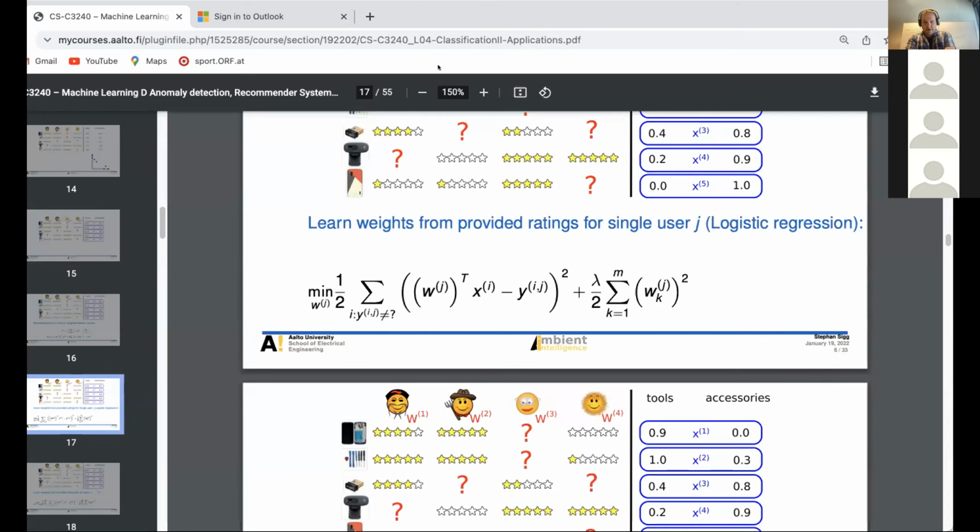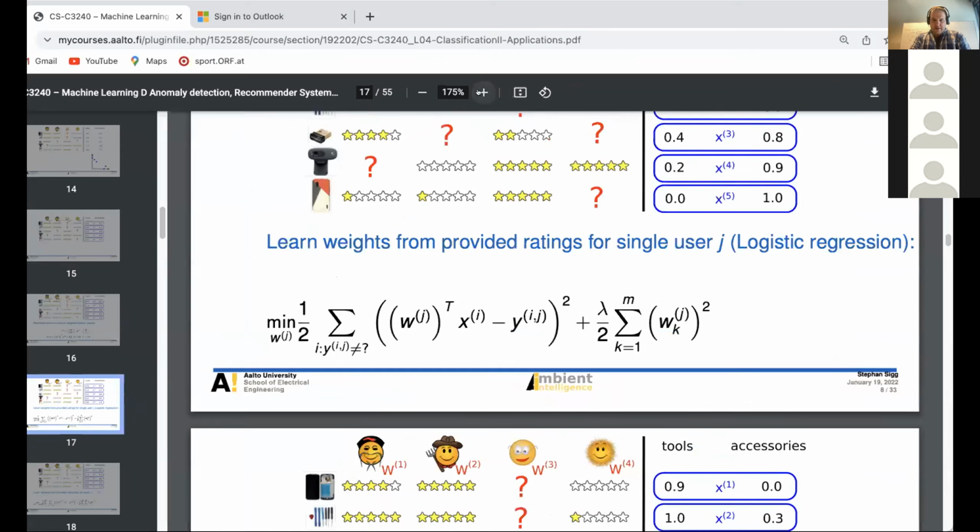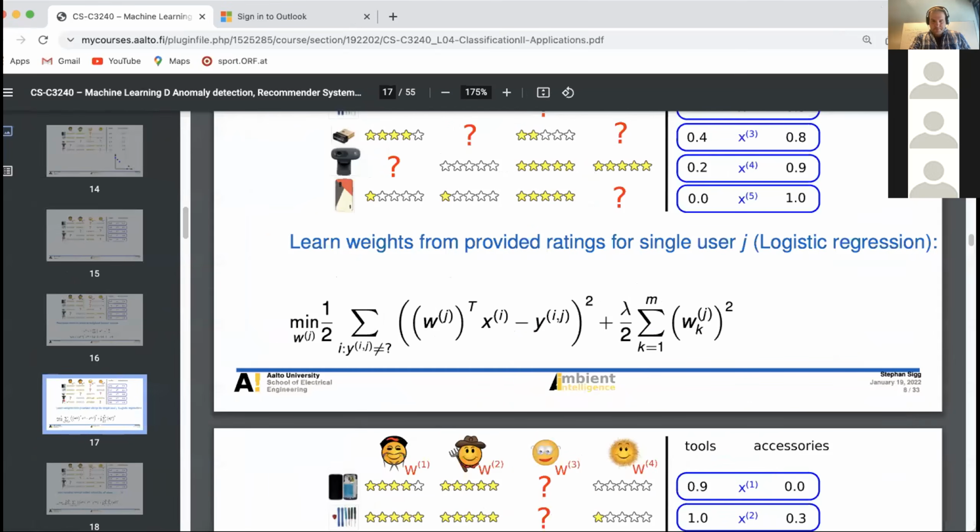Yes, very good. So which part of this somewhat menacing looking expression, which blocks here correspond to the model or the hypothesis? Which symbols here represent the hypothesis? The weights, yes, there's a parameter vector.